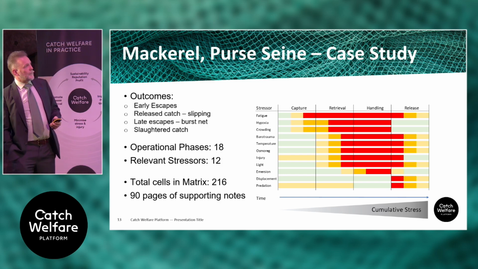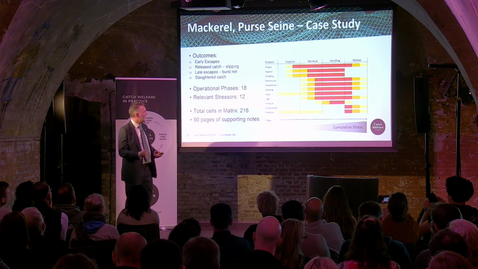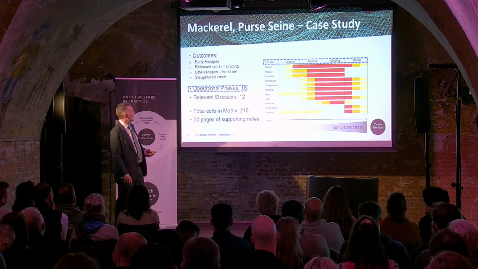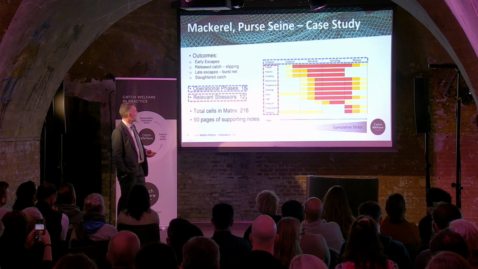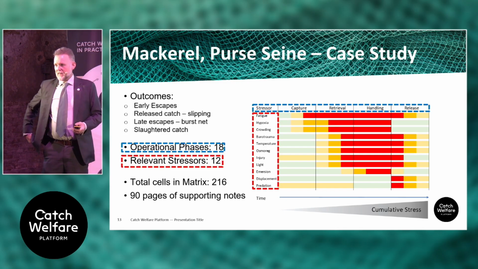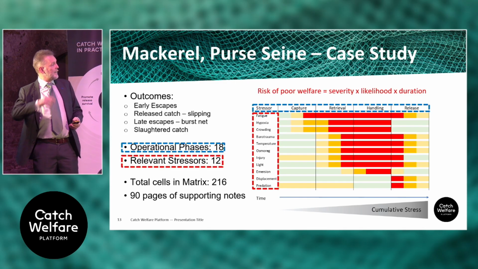However, I didn't take into account all the different phases that we would define and all the relevant stresses. And when you put them together, we've got 18 different operational phases defined by the expert group and 12 different relevant stresses. That creates quite a big matrix. In fact, it's 216 different cells.